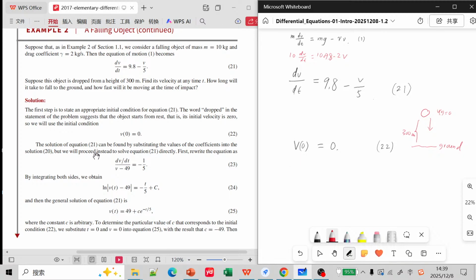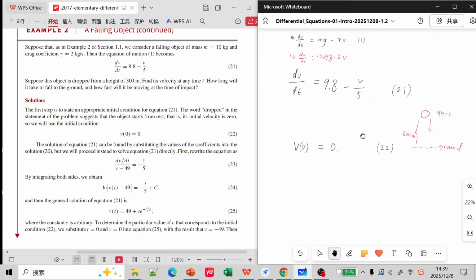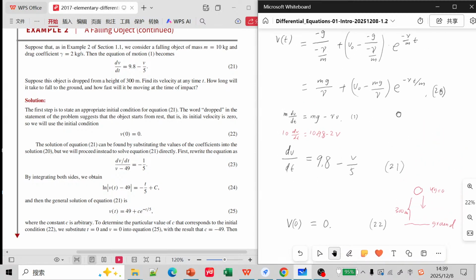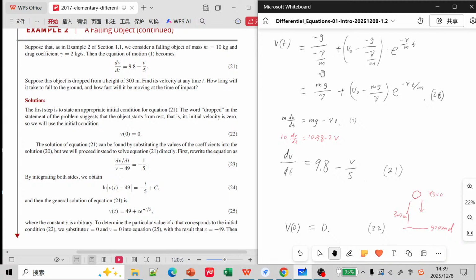The solution of equation 21 can be found by substituting the values of the coefficients into the solution 20. Okay, let's find the solution 20. Here, equation 20.